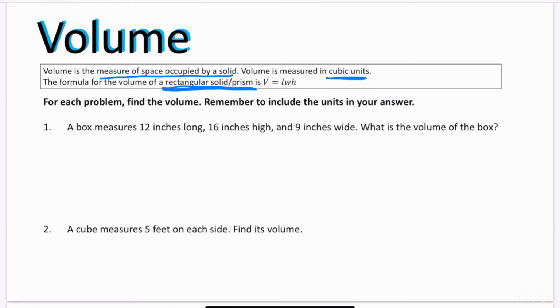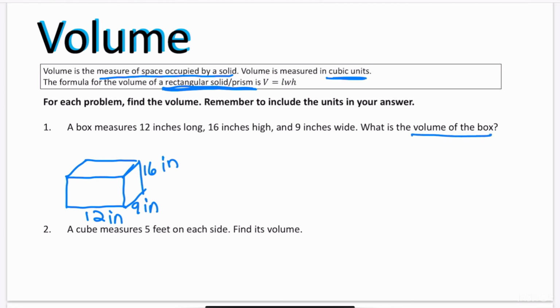A box measures 12 inches long, 16 inches high, and 9 inches wide. So I'm going to go ahead and try to create a box so that you can see these 3 dimensions. So the length is 12 inches long. It is 16 inches high, and it's 9 inches wide.